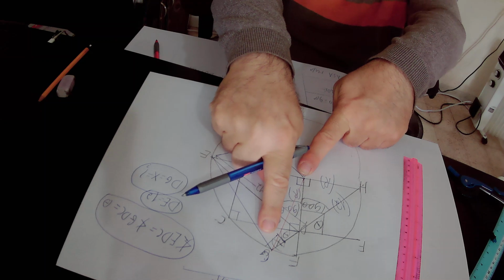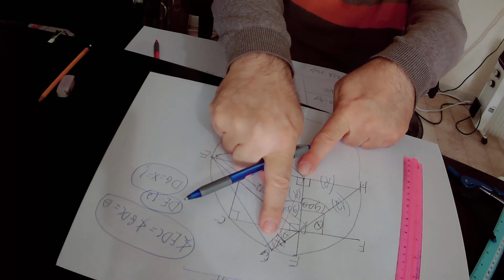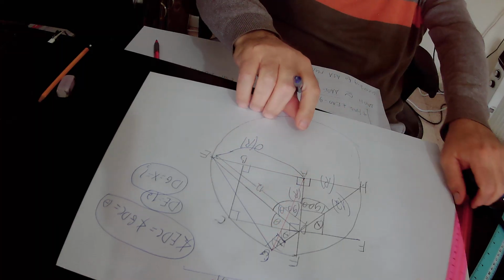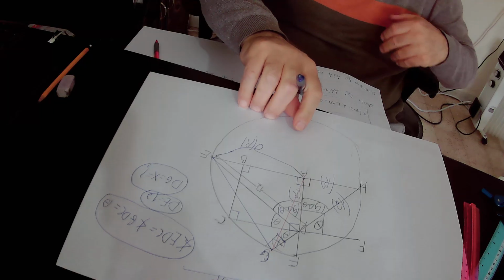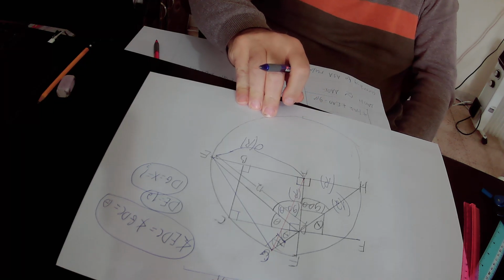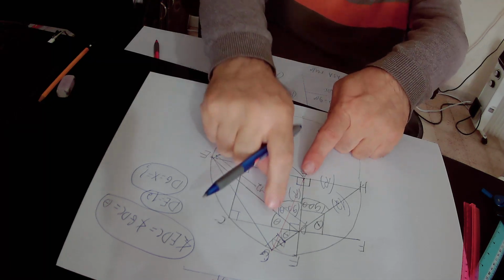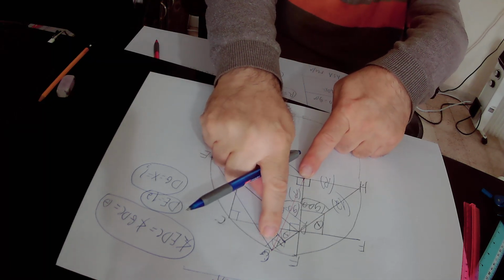And any quadrilateral that has two opposite angles that the sum of them is equal to 180 degrees is a cyclic quadrilateral. That is to say, it can be enclosed by a circle. So this quadrilateral can be enclosed by a circle.